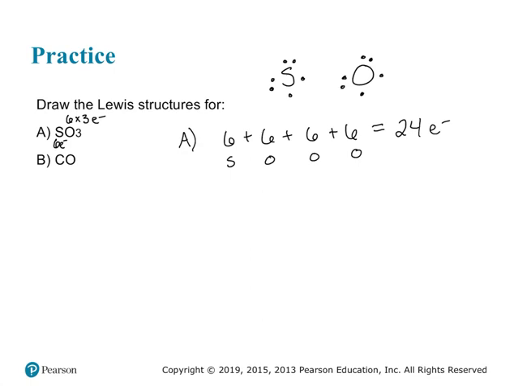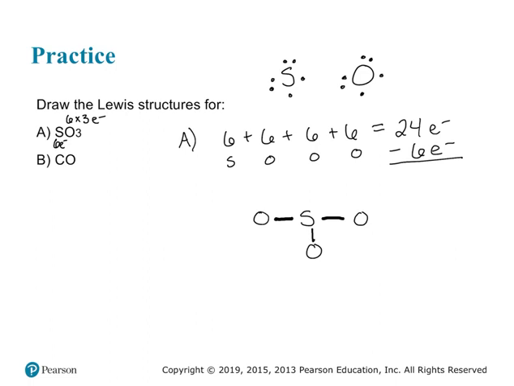So in this case, sulfur will go in the middle because it's by itself. So I'm just going to draw sulfur in the middle surrounded by oxygen atoms. All right, so now the next step, we're going to make some covalent bonds between sulfur and each of the oxygen atoms. So that means we've used up 2, 4, 6 electrons out of our total of 24.